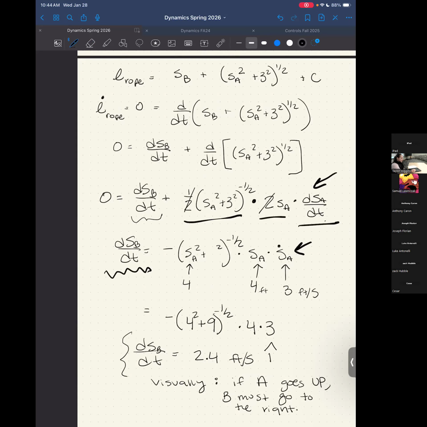I'm taking a derivative of this function with respect to time, not with respect to SA. So SA is not the variable in the denominator of that derivative. I have to go one step further and recognize that SA in and of itself is a function of time. So I have to do that final derivative of my peanut M&M in the middle and say dSA dt at the end.